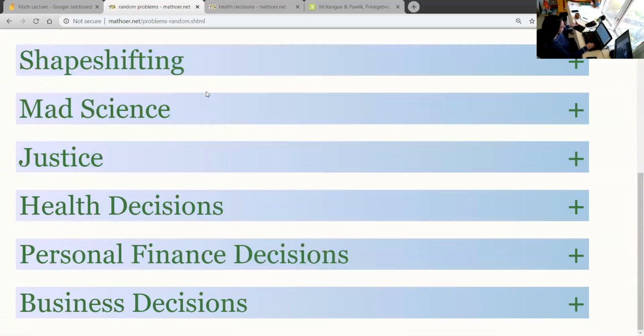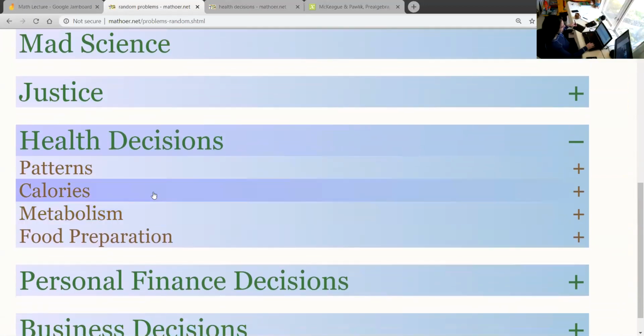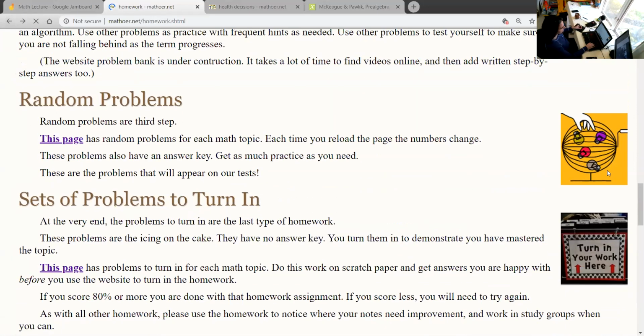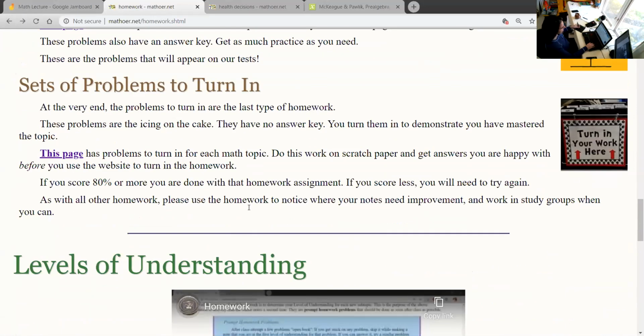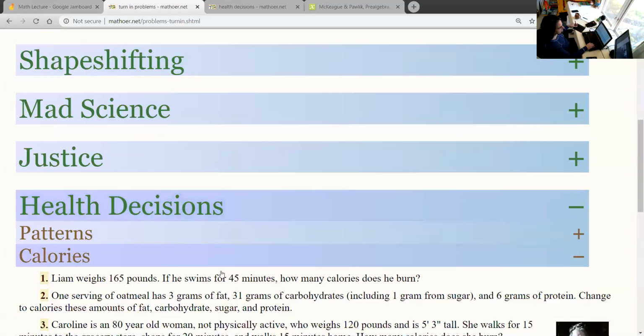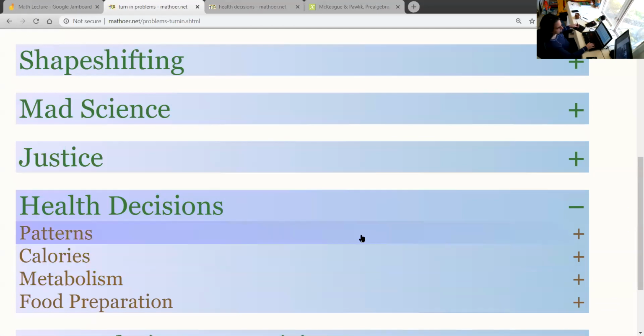Again, skip the 3 topics from 20 and start at health decisions, and say, here's some random problems to do. You can check your work. Once you've done enough of these that you're feeling very confident, then go down and try the turn-in problems for whichever our topics are. Make sense? Okay.